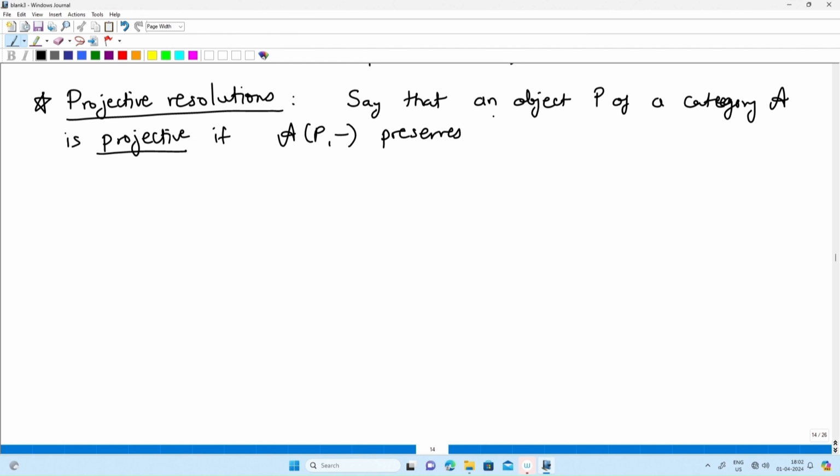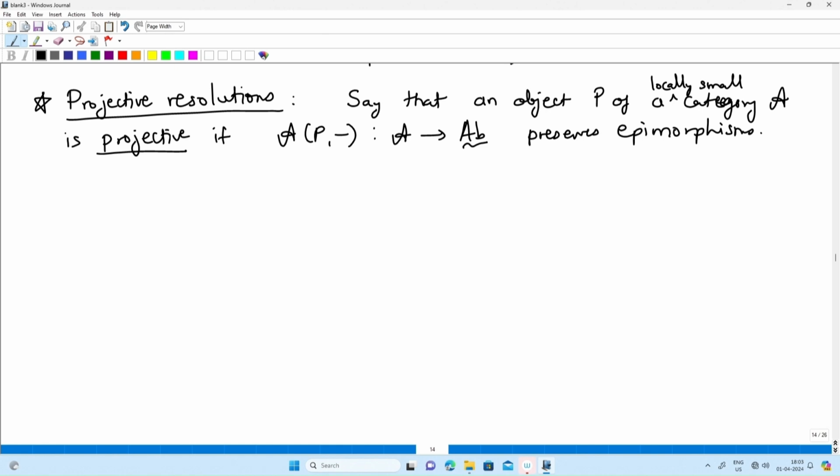Maybe I should say of a locally small category. So A(P, -) goes from A to, in this case R-modules, but if you have locally small then you can also do it to sets. If this preserves epimorphisms, this is the definition.